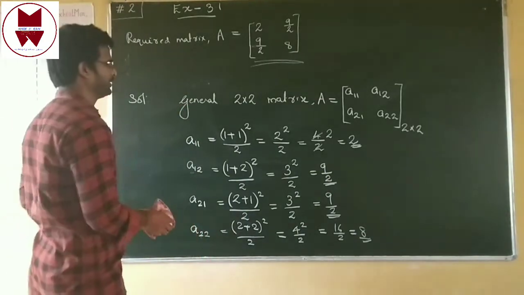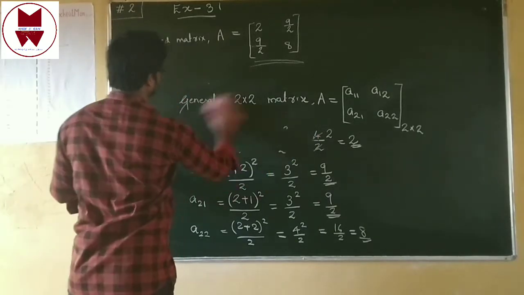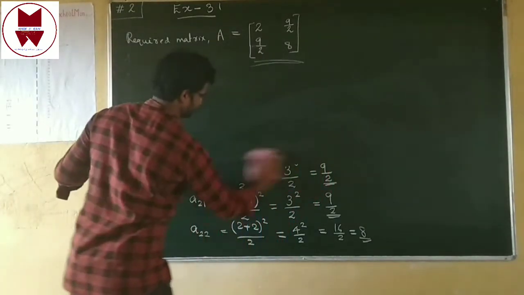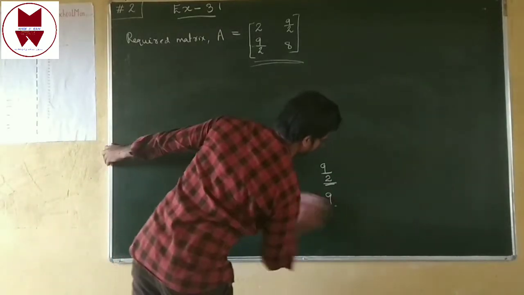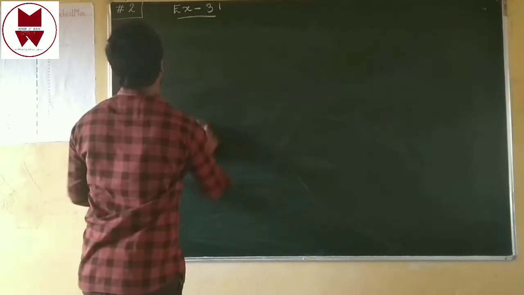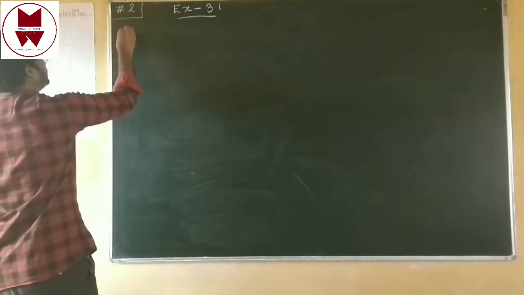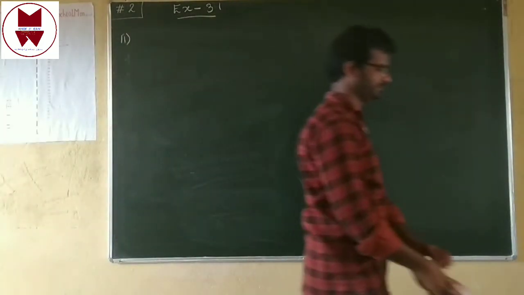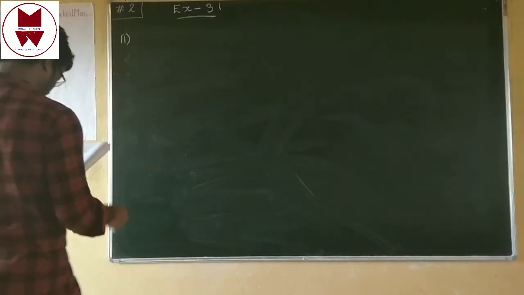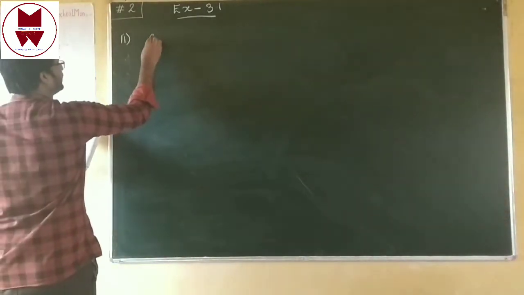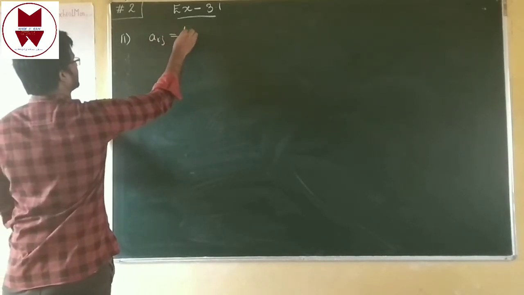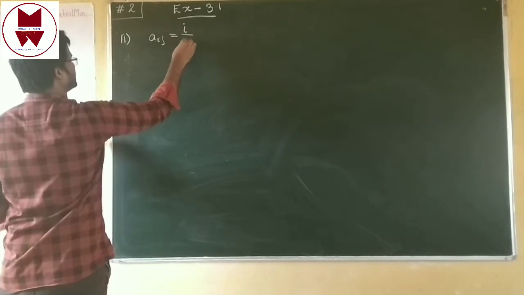Now we can do Roman number 2. Roman number 2, you can see our question. Roman number 2 is Aij equal to I divided by j.